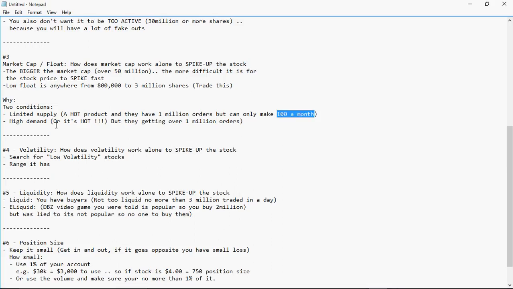High demand means it's hot. That's what high demand means: the product is just hot. The supply could be limited, or you could have enough supply for everybody. But this is what controls this.